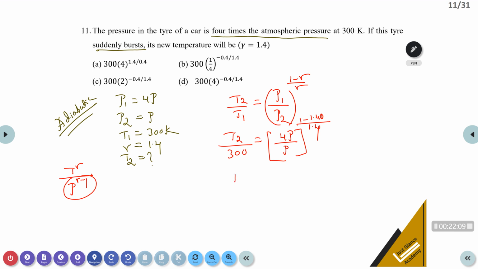So T2 equals 300, this P cancels. It is 4 raised to 0.4 divided by 1.4 with minus sign here. That gives 304. Okay, this is, D is the right choice. Next.